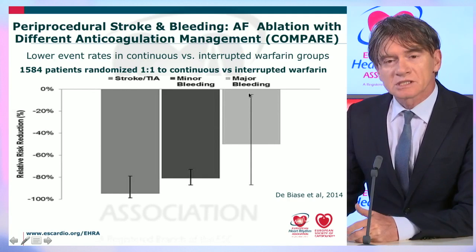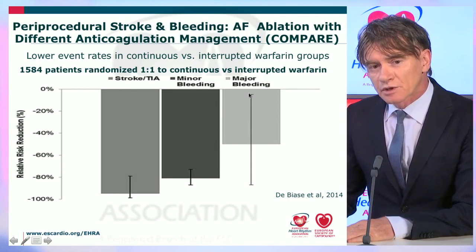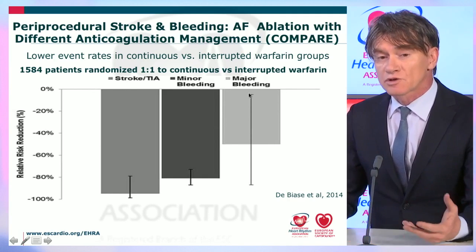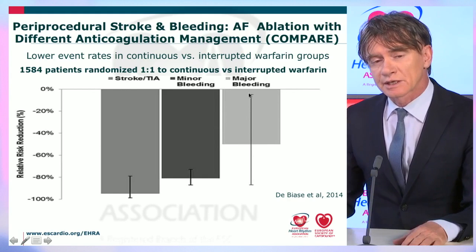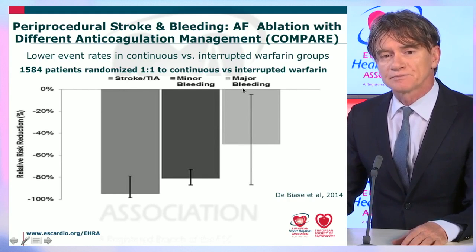Now, this study was early adopted by a vast number of centers across the world, essentially because of the dramatic benefit that was shown, both in terms of efficacy and safety.